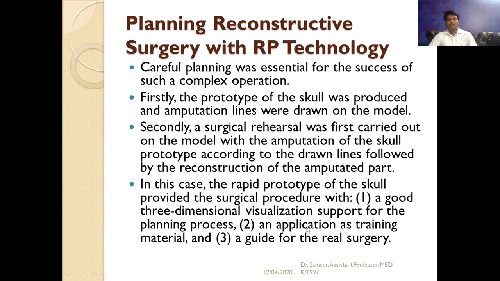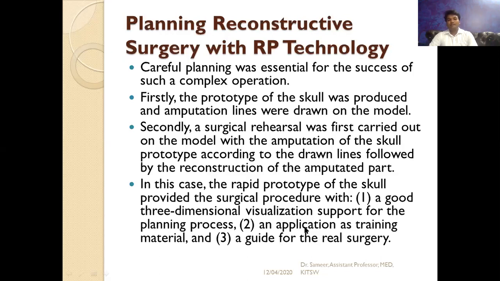Careful planning was essential for the success of such a complex operation. Firstly, the prototype of the skull was produced and amputation lines were drawn on the model. Secondly, a surgical rehearsal was first carried out on the model with the amputation of the skull prototype according to the drawn lines, followed by the reconstruction of the amputated part.